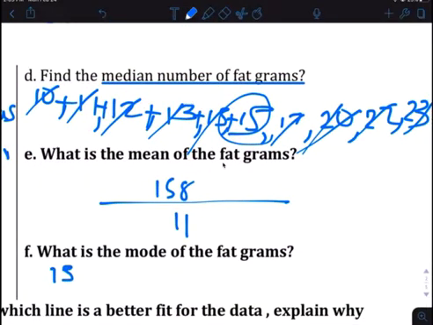And you divide 158 by 11, you get 14.4 as the mean.